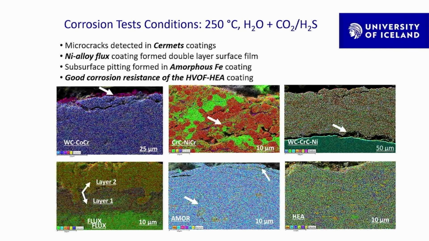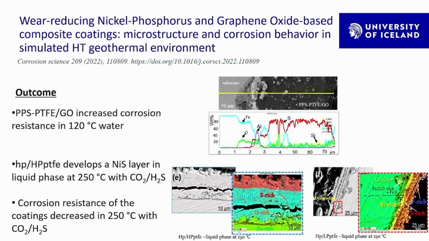Our nickel alloy flux coating had this two-layer structure, which delayed the corrosion effects of the coating itself. The amorphous coating had voids filled up with corrosion products, so it did not fulfill the standard. But our high entropy alloy coating did quite well, with no obvious effects.